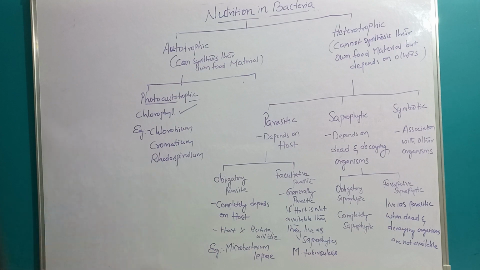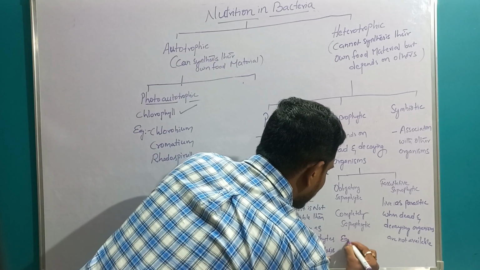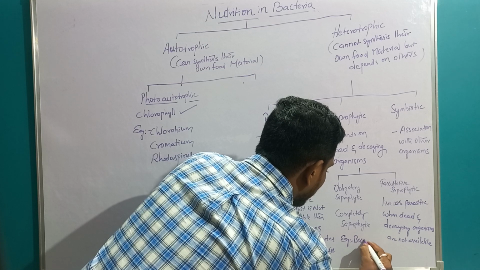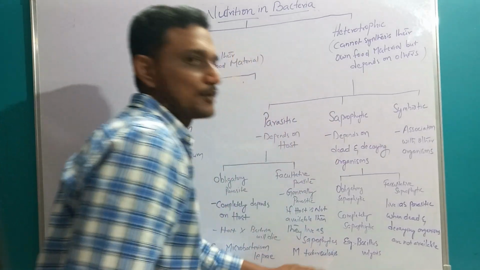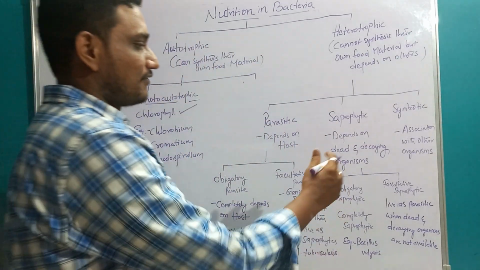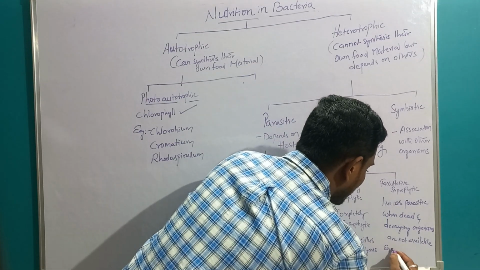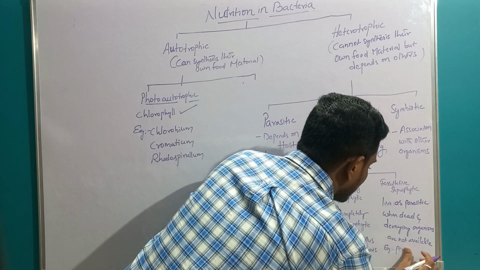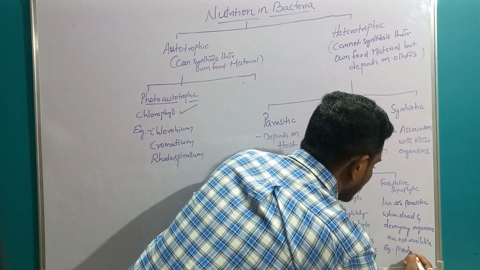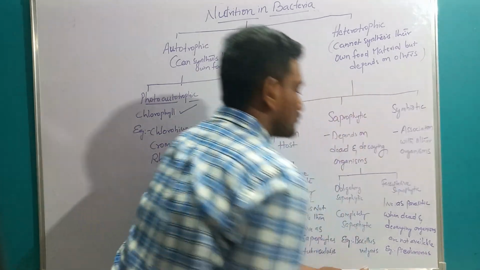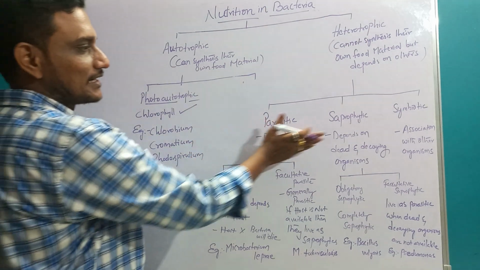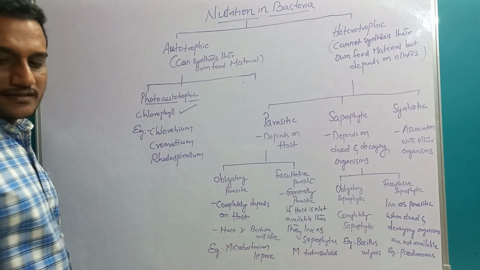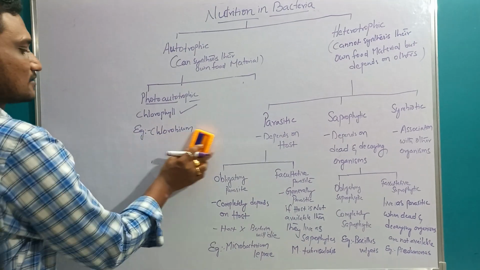Next, obligatory saprophytic example: Bacillus vulgaris. Facultative saprophytic example: Pseudomonas. So this is about parasitic and saprophytic. And the last one is the symbiotic.